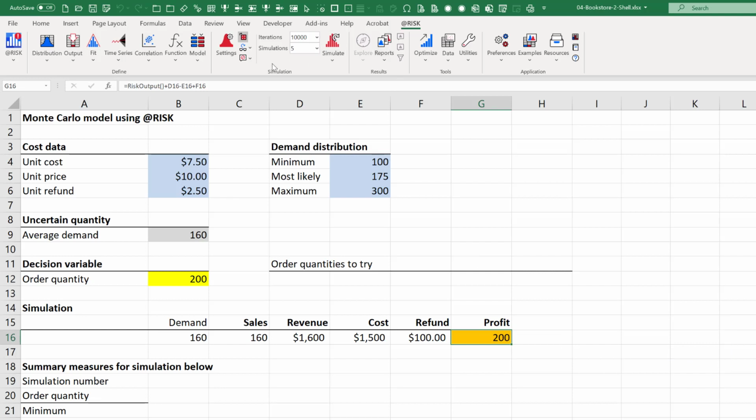Then we can run a simulation. We need to run one simulation. I've concluded the simulation.